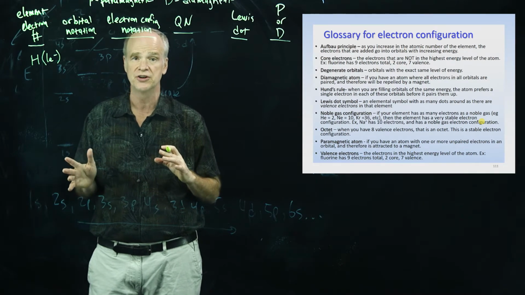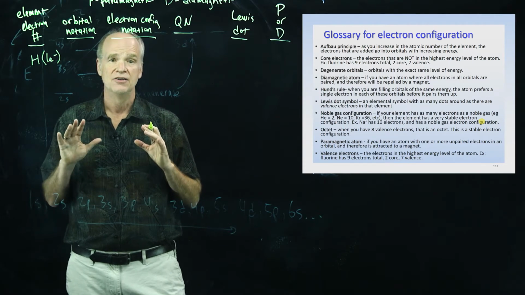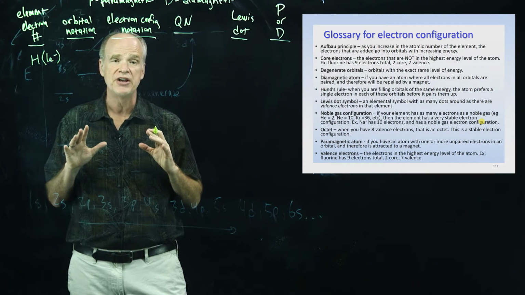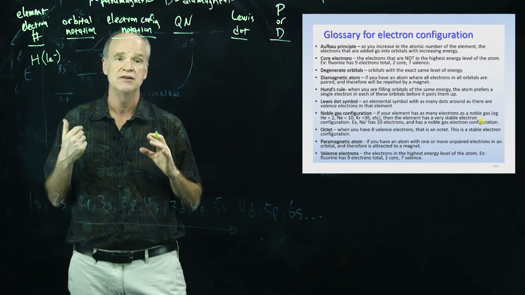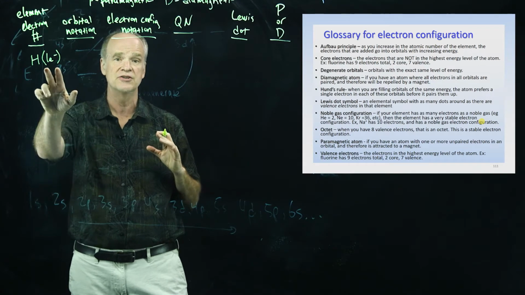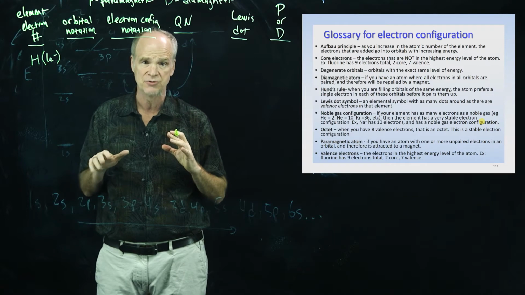Which one does it go to? Well, what you know is that electrons go to the lowest energy orbitals that are available to them, and they fill those orbitals. And so the lowest energy orbital that's available to this single electron from hydrogen is a 1s orbital. So this single electron from hydrogen will go there.